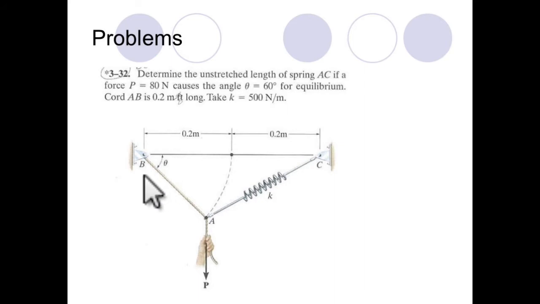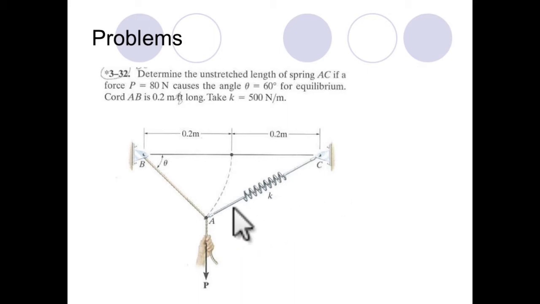Well, the distance between points B and C is given to us. It is 0.4 meters. And the length of AB is also given, as it is seen. It is 0.2 meters. Therefore, the first thing that I have to do is to calculate the elongated length of AC after I apply the force.